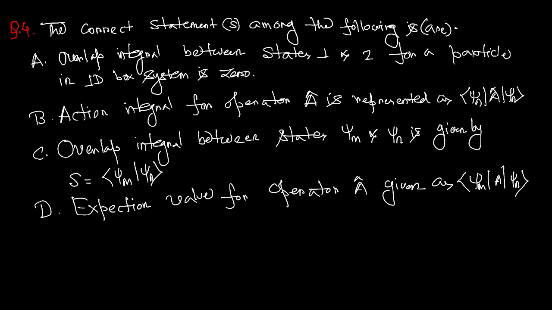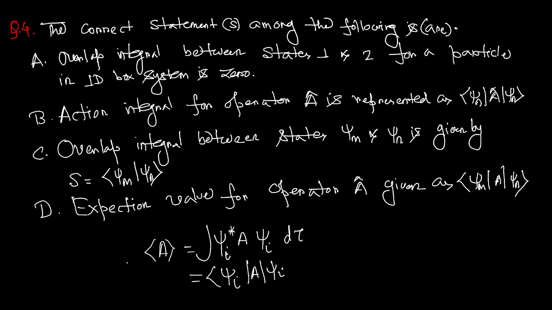Now let's start from the bottom of the questions. What is the expectation value for a wave function psi, sorry, for an operator A, given as <psi_m|A|psi_l>? The expectation value of any operator A is nothing but <psi_i|A|psi_i>, in Bra-ket notation. So the expectation should be for the same state, so this option is incorrect.